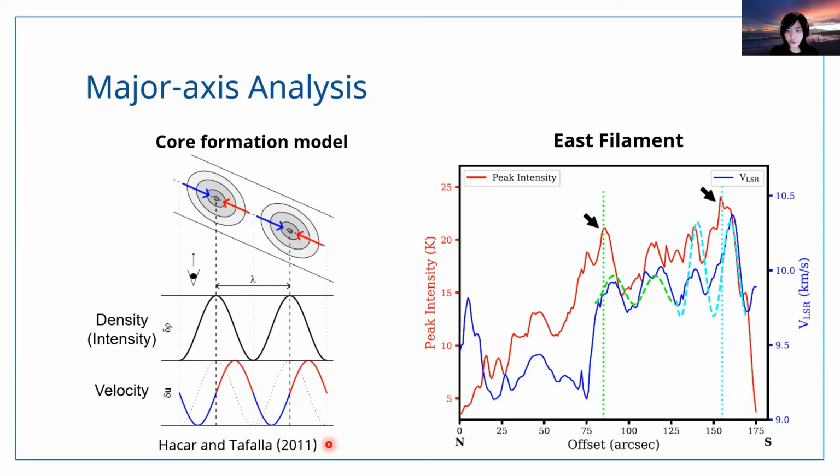So here we show the intensity and velocity variation along the east filament. The red lines show the peak intensity of the spectrum, and the blue line shows the central velocity. Interestingly, we do see a phase shift between some of the peaks, which may be indicating that core formation is ongoing in the east filament.